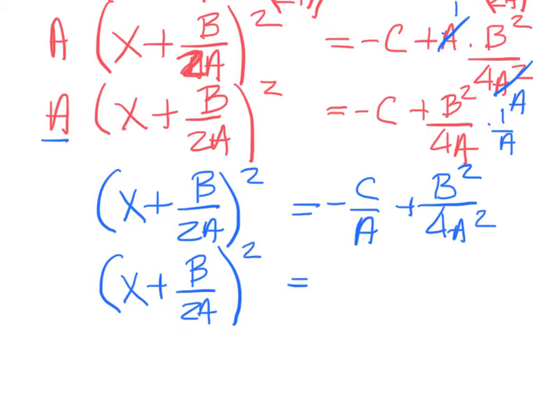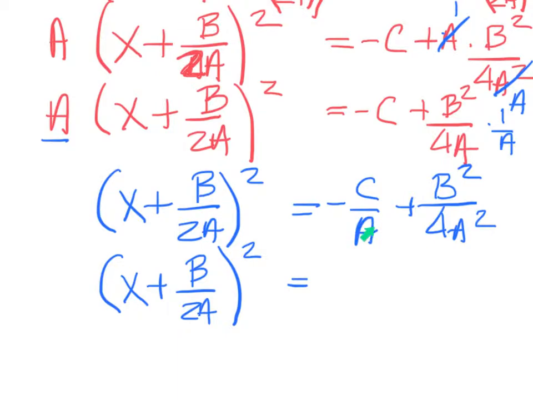What would I have to multiply this a by in order to have a 4 and an a squared? Not 4 squared. I would have to multiply it by 4. But to get an a squared, what do you multiply a by to get an a squared? A. So I would need to multiply this by 4a. That would give me 4a squared.